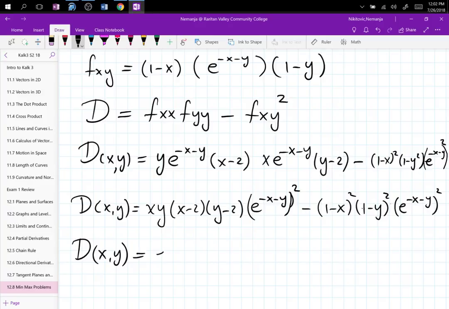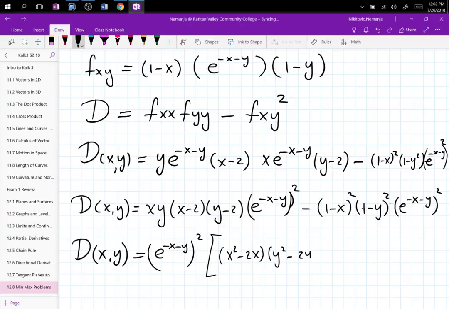So e to the negative x, negative y, everything squared gets factored. And now in this big bracket is the rest. Now, for that part, I'm going to actually distribute x into x parentheses, have x squared minus 2x, and then y squared minus 2y.